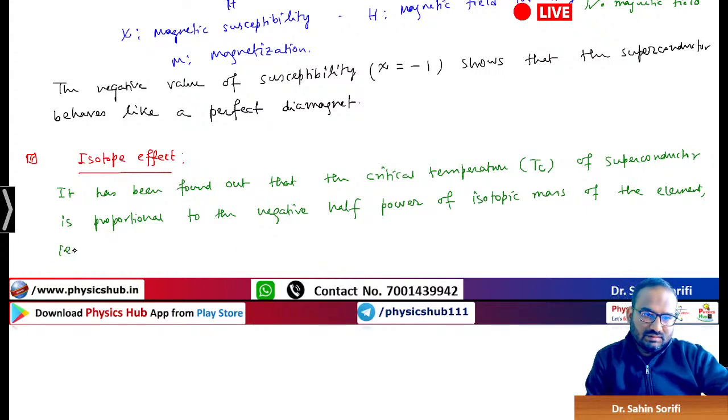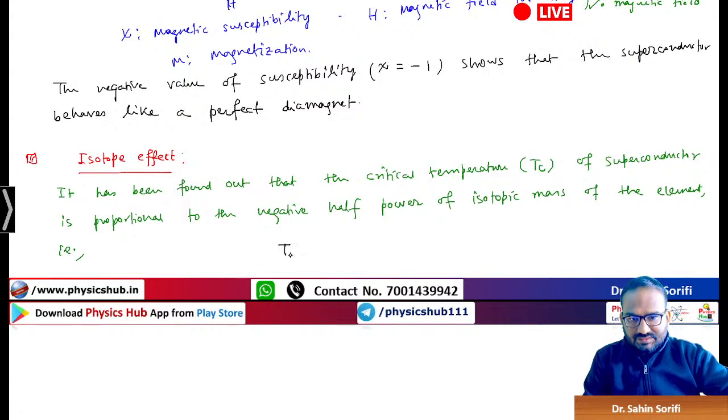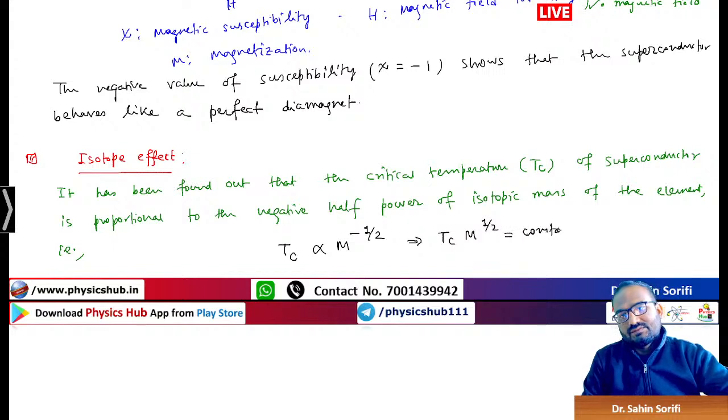That is, Tc is proportional to m to the power minus half. So you can write Tc times m to the power half is equal to constant.